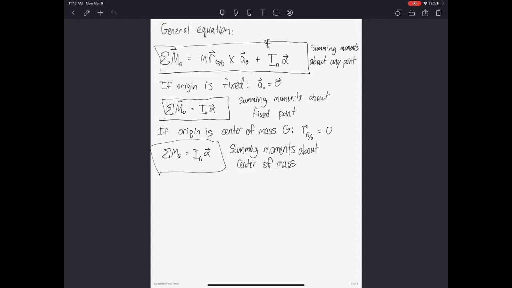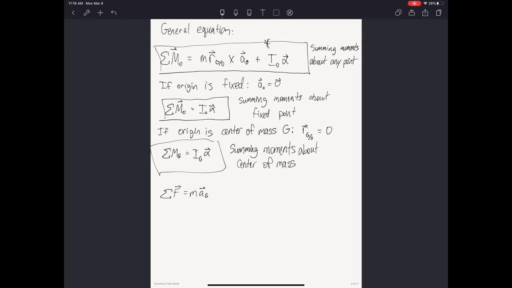In problems in general, we'll be summing the forces and summing the moments. When we sum the forces, that gives us the acceleration of the center of gravity. If you know all the forces, then you use Newton's second law to find the acceleration of the center of gravity.